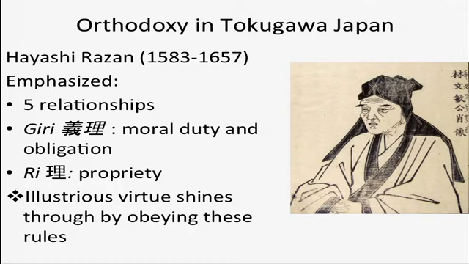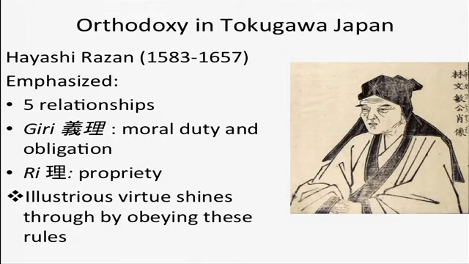How about one more? What's your name? Gabriel? Okay, so there's 5 of them. You guys have a few of them, but these are categories that everyone can understand, right? They're very simple, right? These are 5 simple everyday life relationships that Hayashi Razan would like people to use to structure their lives.